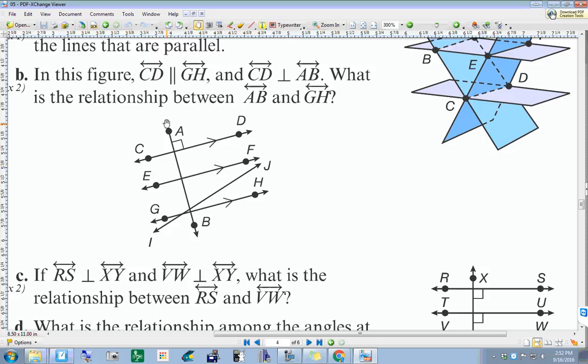What should be the relationship between AB and GF? Absolutely correct. Because these two lines are parallel, this was perpendicular up here, this has to be perpendicular down there because they are parallel lines. Okay?